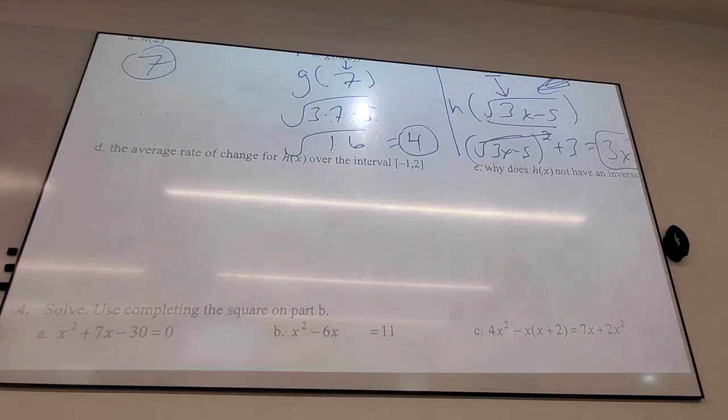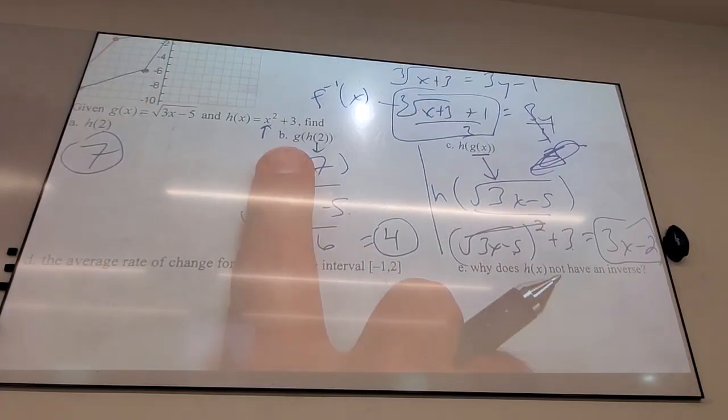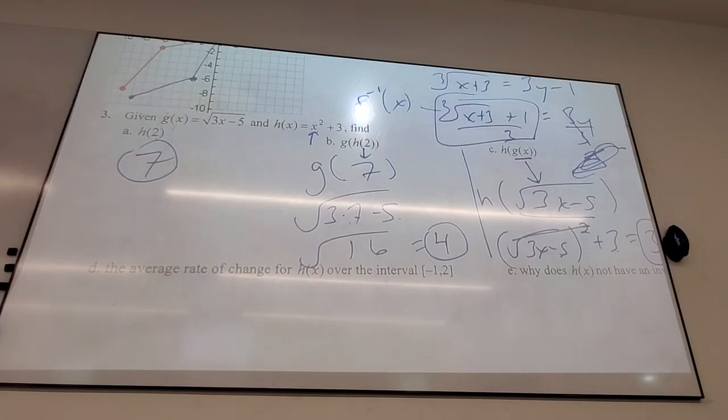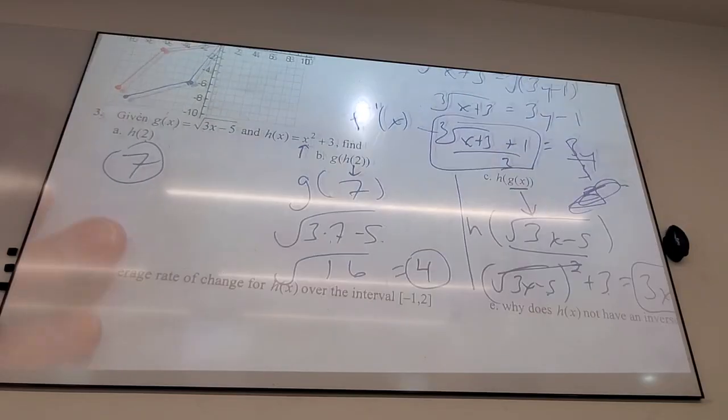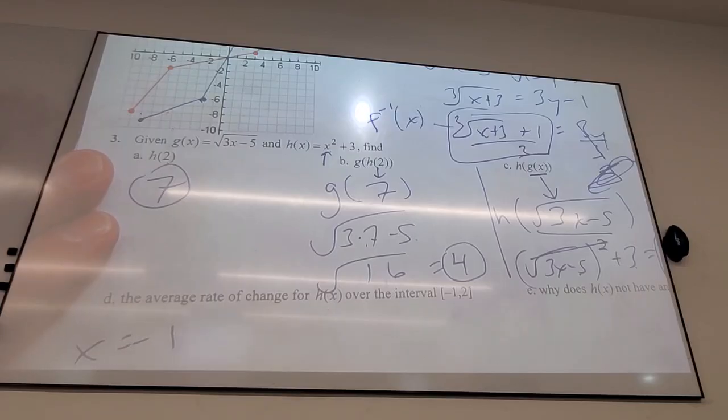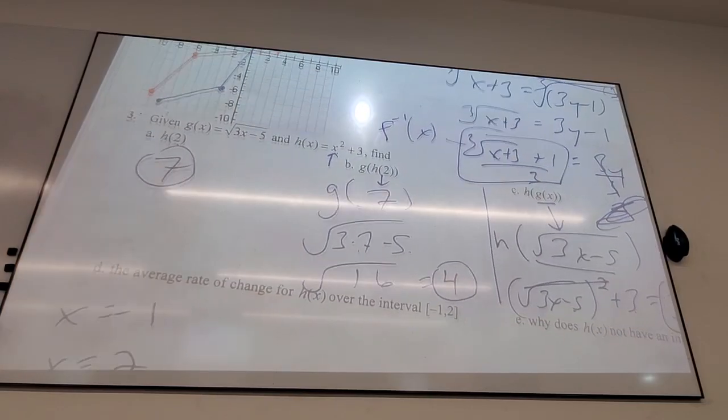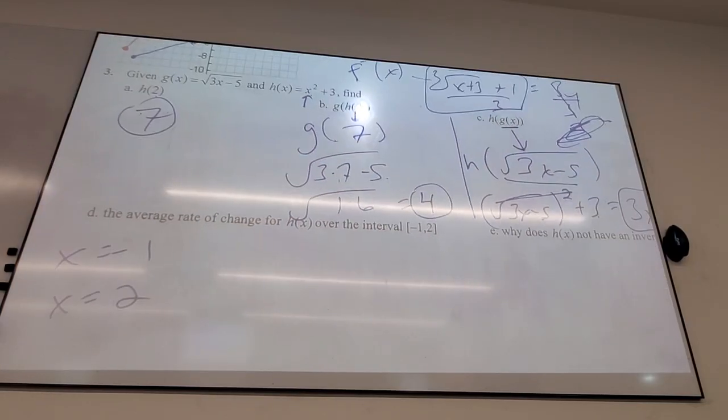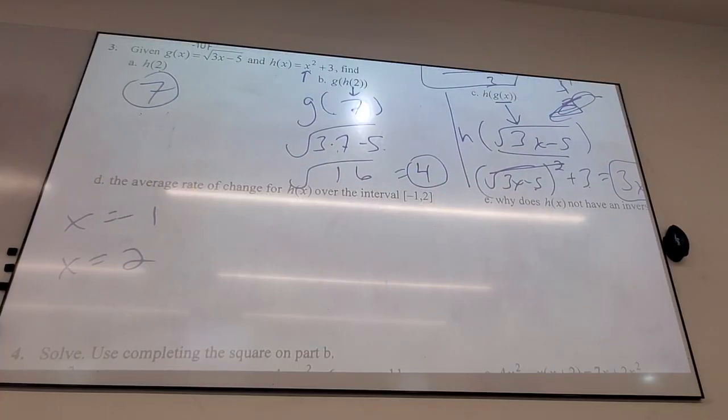That would be the average rate of change. This function is just a parabola, but it's not a straight line, is it? But if I just take the beginning and end and connect it with a straight line, the slope is the average rate of change. How much did it change over the time? So all I need, I got x equal -1, I got x equals 2. I just have to complete the points, and then I can just do y2 minus y1, right?